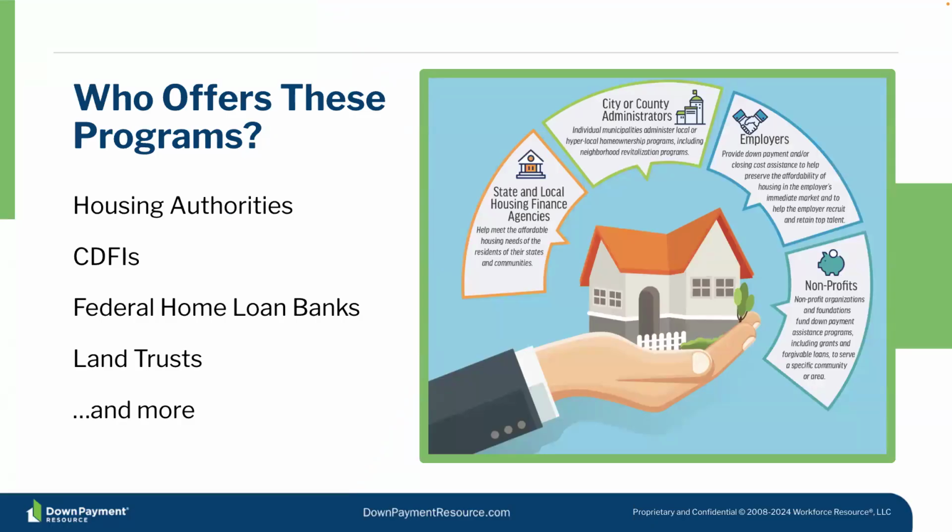So, who funds and administers these programs? Every state has a housing finance agency. There are local housing finance agencies in certain markets across the country as well. There are city and county governments that often have community or economic development departments or housing authorities. Many employers, like municipal governments, hospitals, and universities, may also offer their employees some form of down payment assistance. You've got local housing authorities and community financial development institutions, which help increase local DPA options.